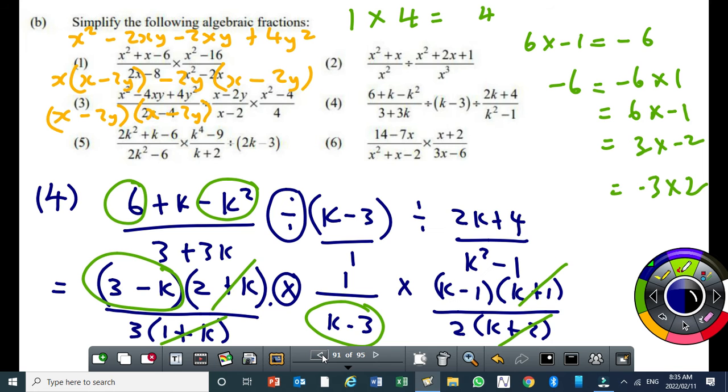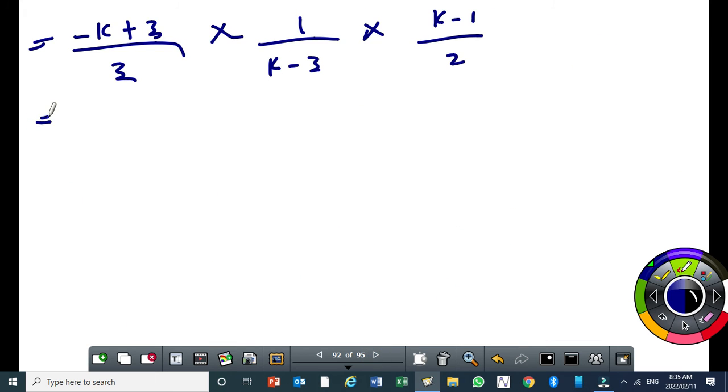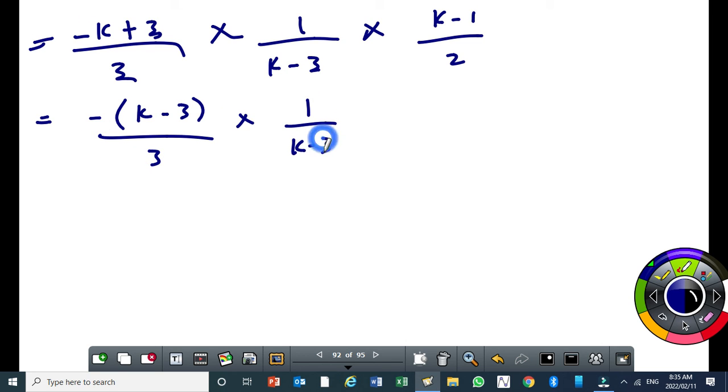I'm rewriting what's left after the cancellation of like terms. Then, if I want to simplify this further, I'm going to factor out minus 1 in that numerator. This becomes times 1 over k minus 3 times k minus 1 over 2. Now, again, we can see that this cancels with that.